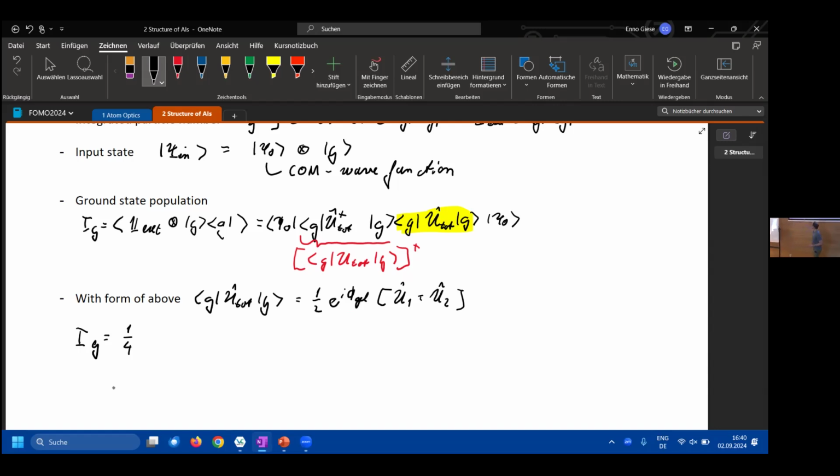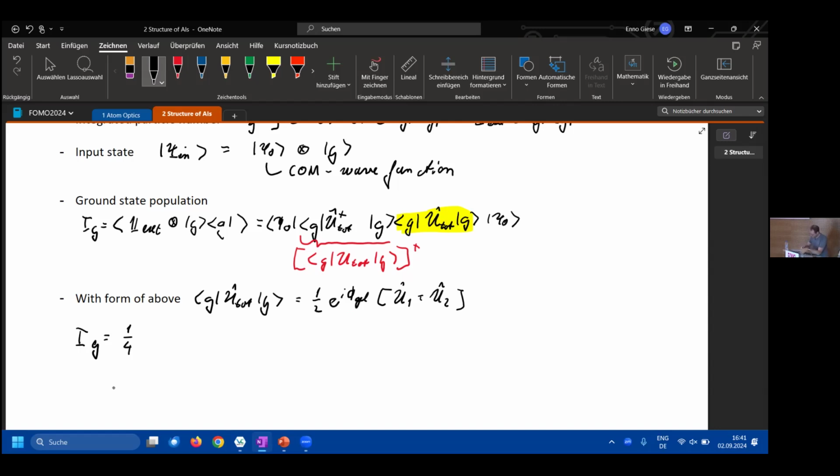The operator on the left is still an operator, because I just projected on the ground state. But the operator, in fact, acts on both the internal and the external degrees of freedom. So there's still an operator acting on the external degree of freedom, on the center of mass motion.